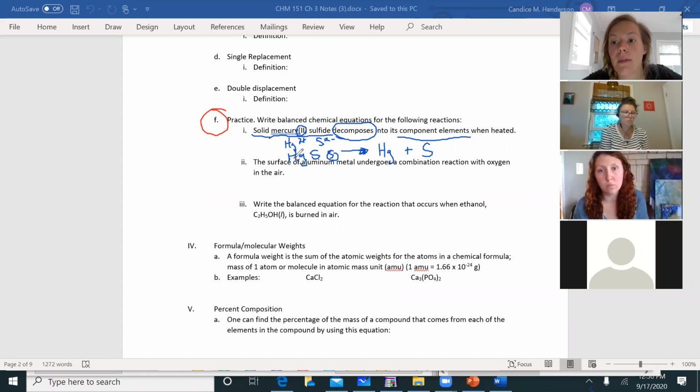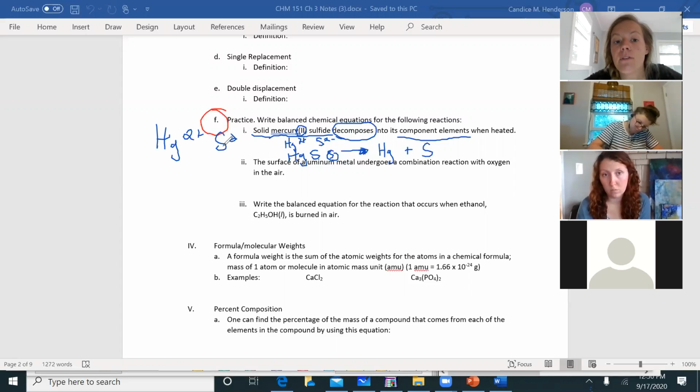Yeah, that's a super, super common mix up. This 2 is telling me that I'm dealing with mercury, Hg, with a 2+ charge. It doesn't tell you anything about how many you have. So you have to write it with the charge, and then from there you go ahead and balance. Does that make more sense? Yes.